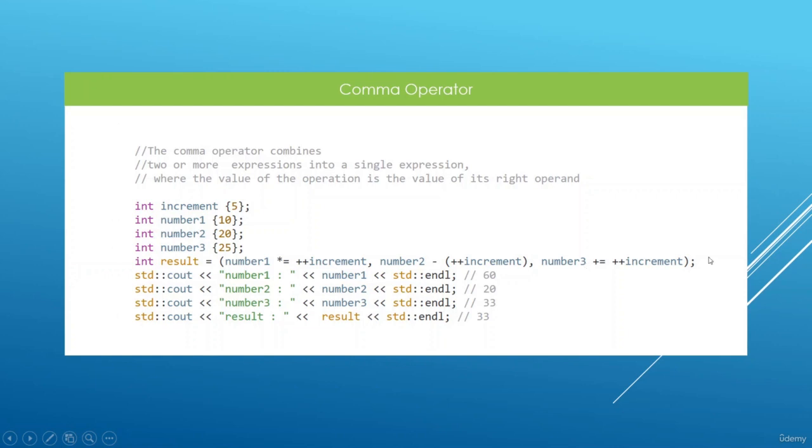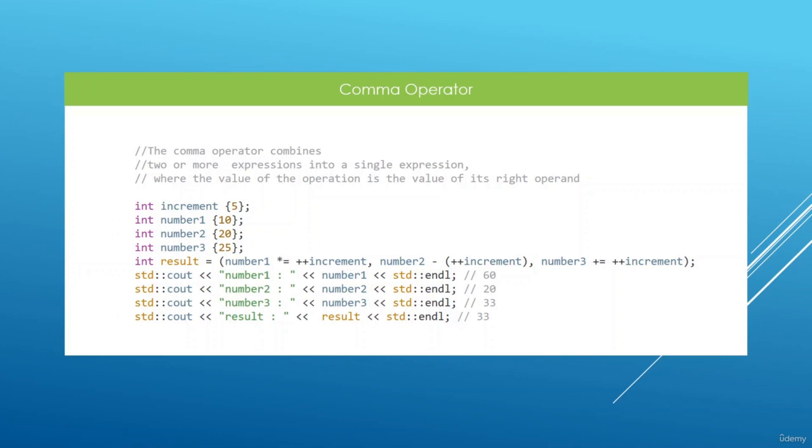But after we do this, what are we going to assign back to result? That's going to be the value of the last expression in this comma separated list of expressions. And the last expression is going to evaluate to a 33. We just saw that. So that 33 is going to be assigned back to result. And if we print result, we're going to get a 33.